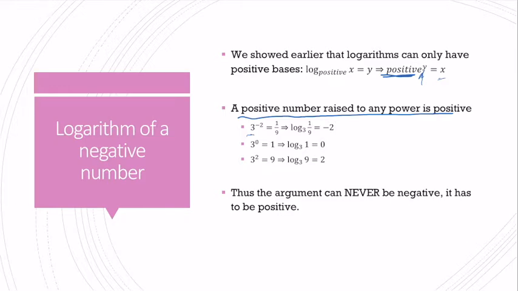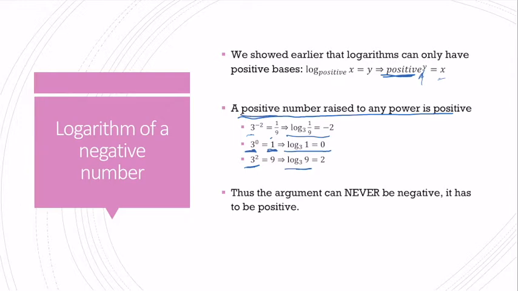If I have 3 to the negative 2, that gives me 1/9, and I can rewrite that as a logarithm. If I have 3 to the 0, that gives me 1, and I can rewrite that as a logarithm. My base is still positive. And if I have 3 squared equals 9, that implies that log base 3 of 9 equals 2.